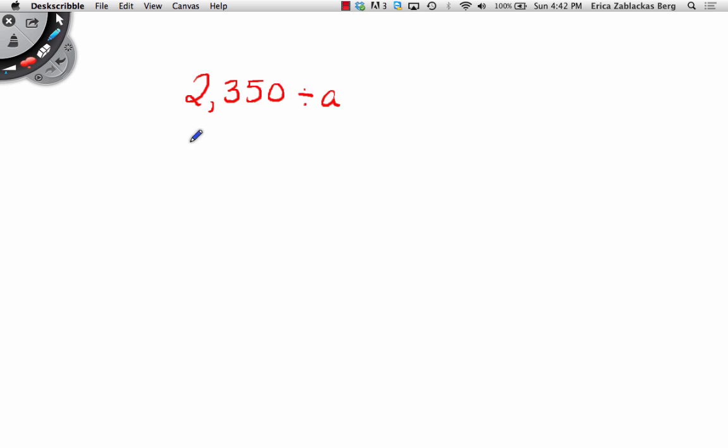Two other ways we can write a division expression are 2,350, and we can use a fraction bar as a division sign over A. Another way you can write a fraction bar is to make a sideways slash like this. This also means to divide by.